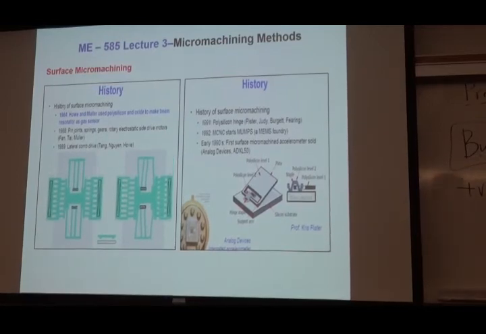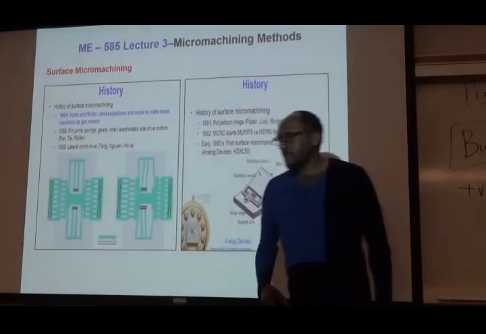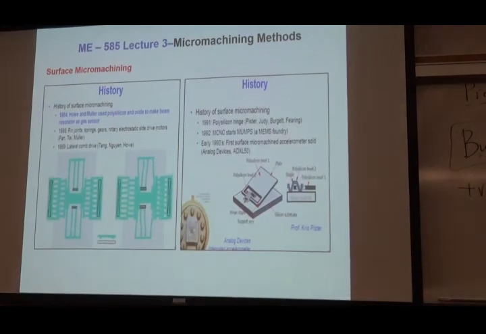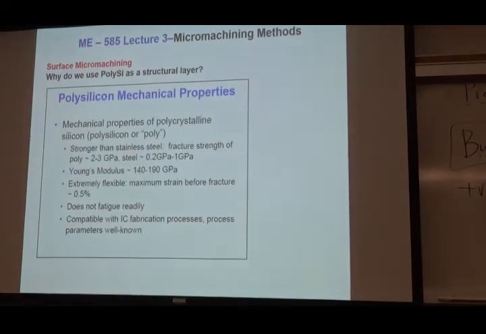Now, how is this fabricated? That is what I would like to cover now, in the next couple of slides. So polysilicon, we've talked about the material property. I'm going to use polysilicon. For the mechanical property, over here I put 140 to 190, but you could assume 160 gigapascal as the average Young's modulus.